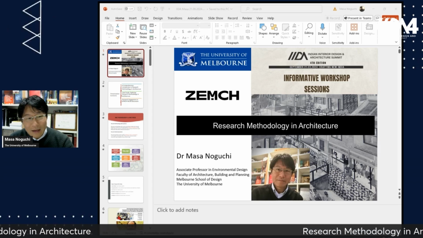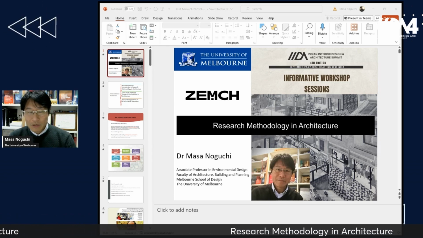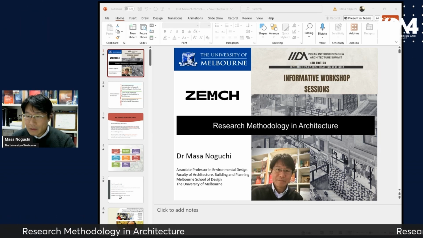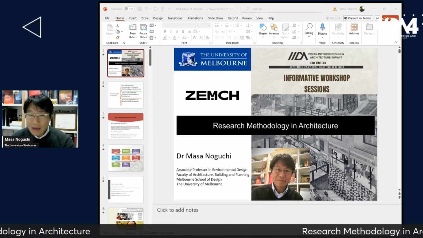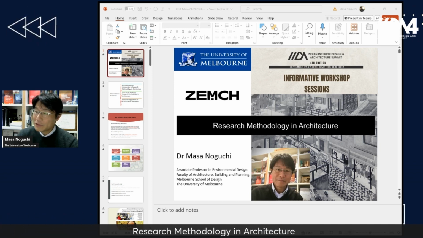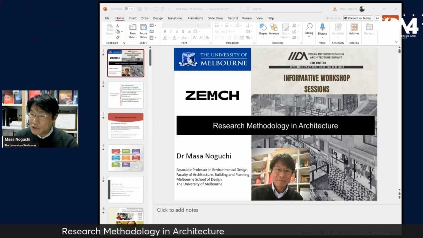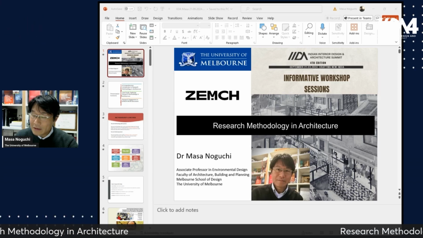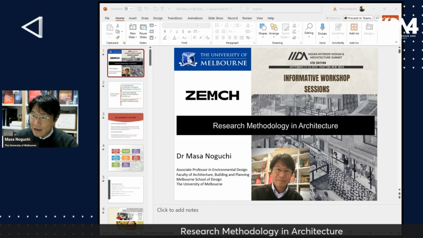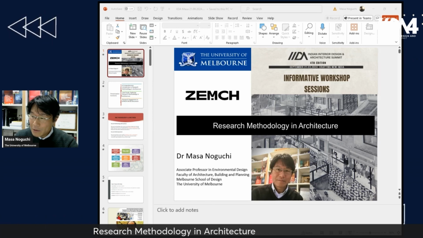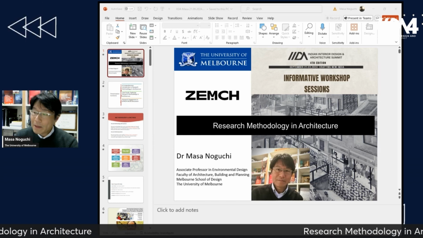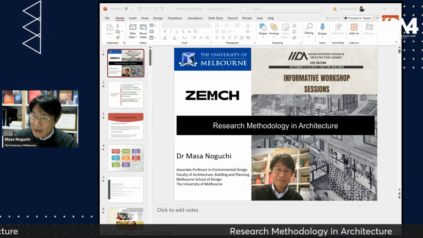Today's talk consists of three components. First of all, a comprehensive introduction to research methodology in architecture. Second, the general steps: I would like to introduce and exemplify how the research methodology helps to shape the research idea.